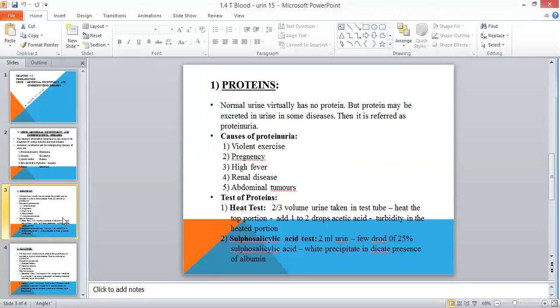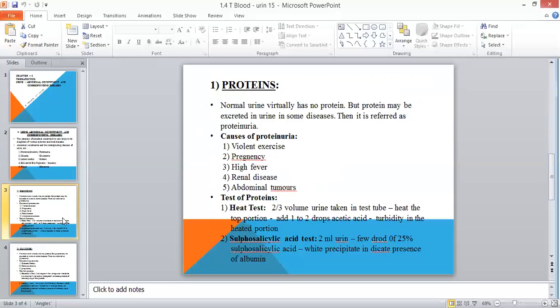Then 1 to 2 drops of acetic acid are added. Turbidity or precipitate in the heated portion of urine indicates the presence of albumin in urine.